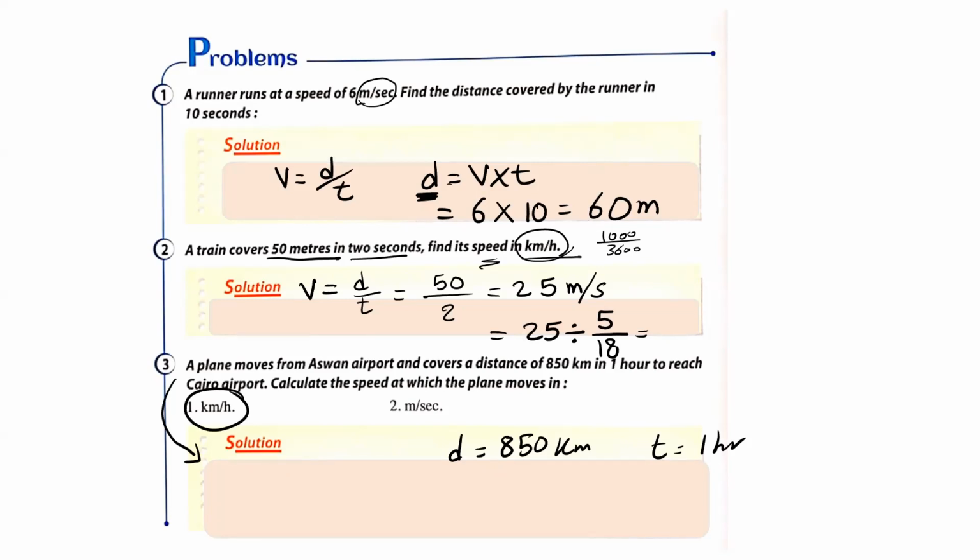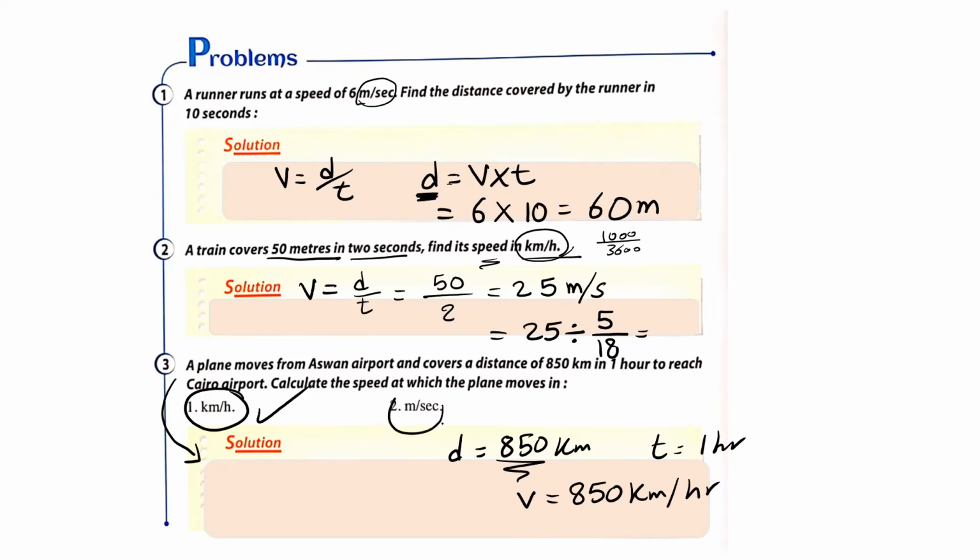The speed, velocity equals distance over time. Distance 850 and time 1. So the speed will be 850 what? Kilometer per hour. Okay, so we already made the first one.